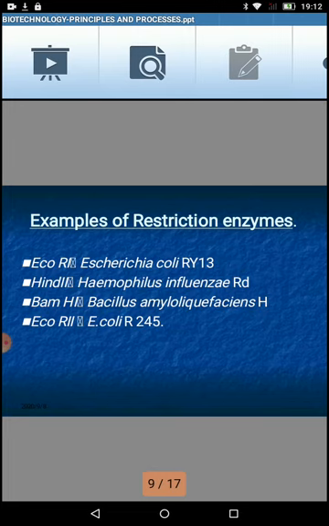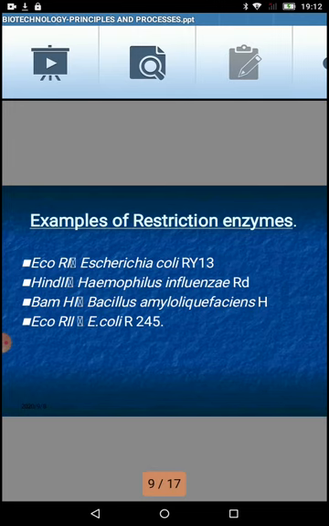EcoRI was obtained from Escherichia coli RY13. HindII was obtained from Haemophilus influenzae Rd. BamHI is obtained from Bacillus amyloliquefaciens H. Then EcoRII, from Escherichia coli R245.